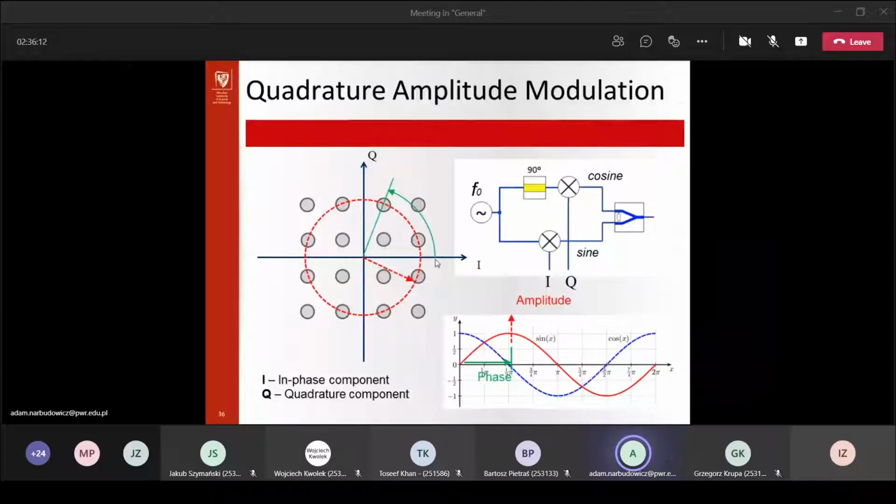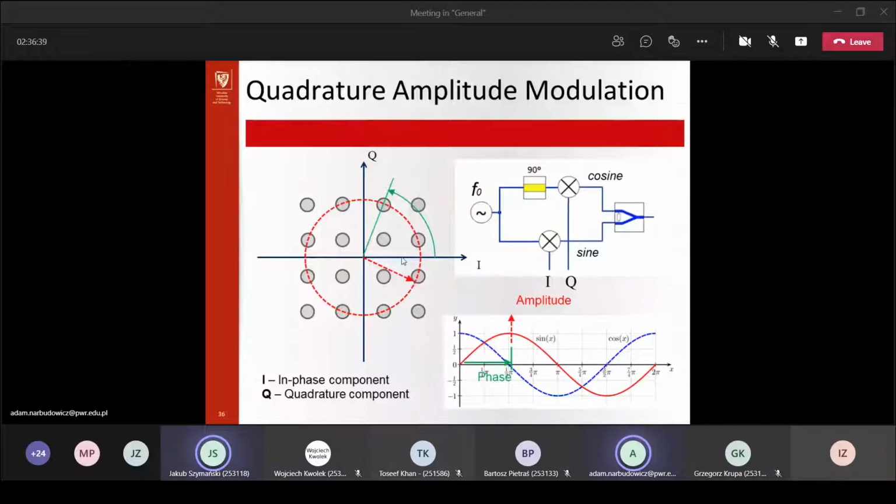Okay, so in that case, you can independently control two different parameters in a classical QAM communication. And the IQ component is a very, very convenient way of representing that modulation and that constellation. Are there any questions so far?